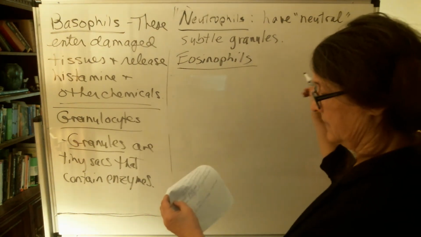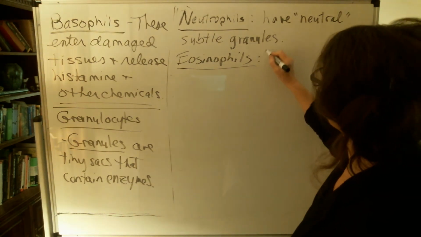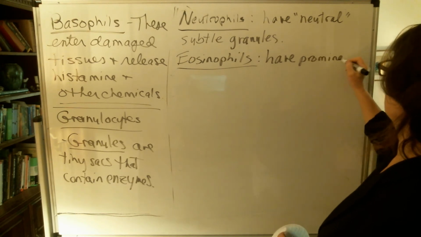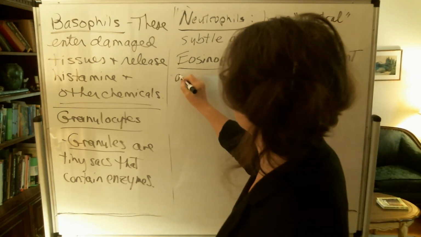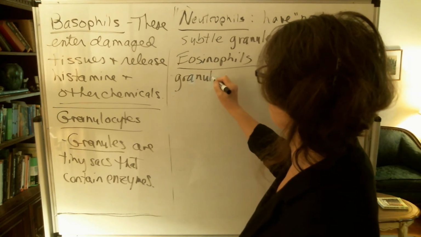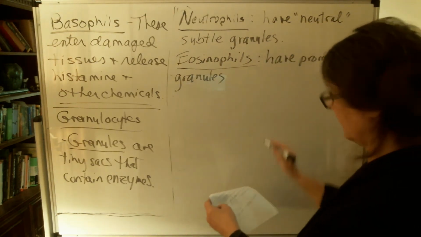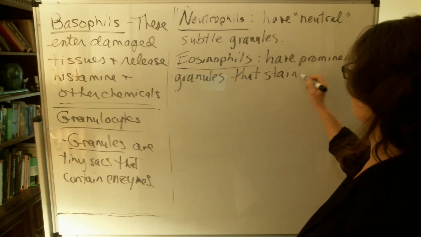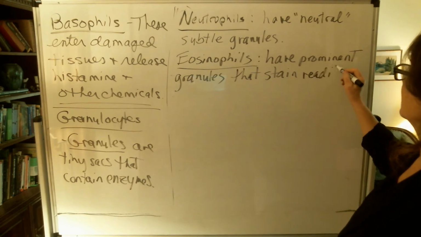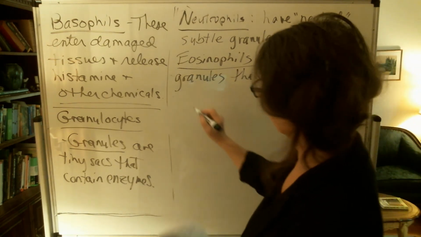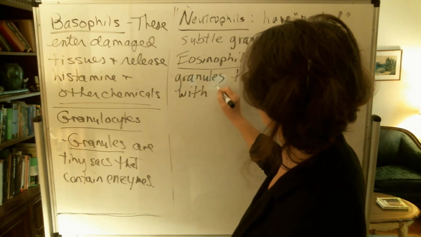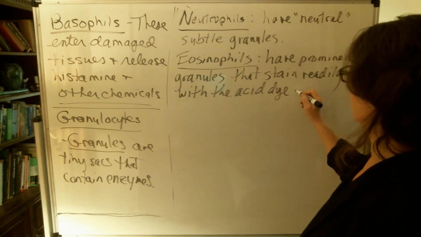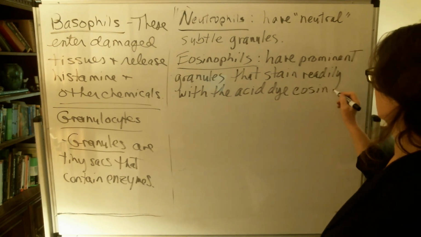The eosinophils have prominent granules that stain readily with the acid dye that is called eosin.